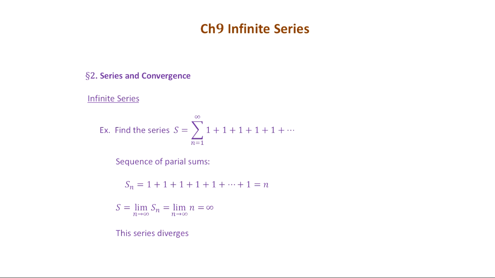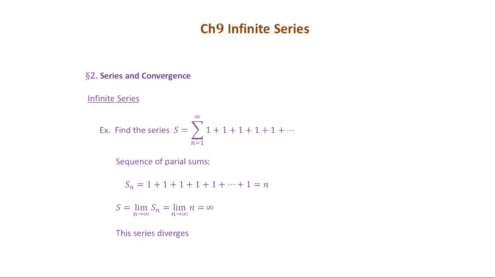Then you take the limit of this partial sum S sub n with n approaching infinity. Since S sub n is equal to n, as n approaches infinity, the sum approaches infinity. So this series diverges.